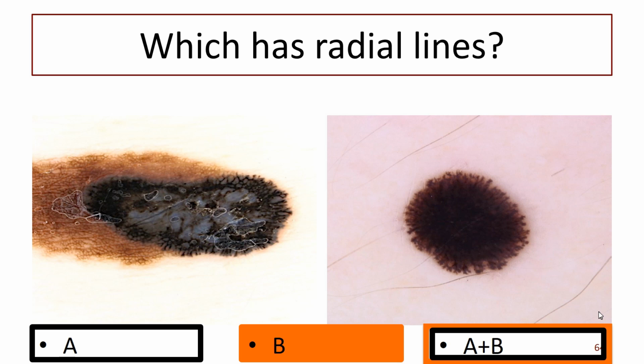I'm going to give you the pointer. You can point at the radial lines you can see. Okay, so the radial lines around that lesion are all the way around, circumferential. And what about the other one? And then they stop. That's right.